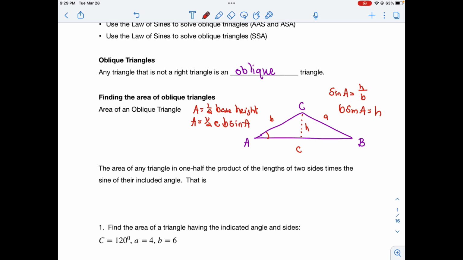So we have a new formula. Solving for oblique triangles, you can find the area of an oblique triangle as equal to 1/2 bc times sine of A. So 1/2 the product of the lengths of two sides times the sine of their included angle.